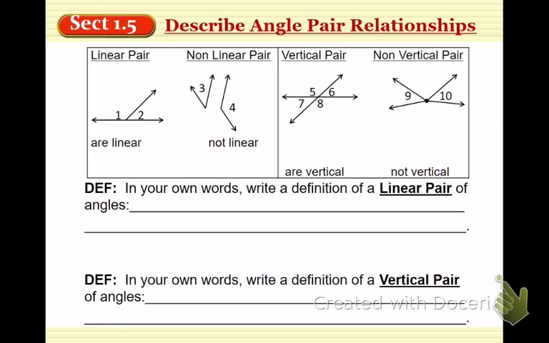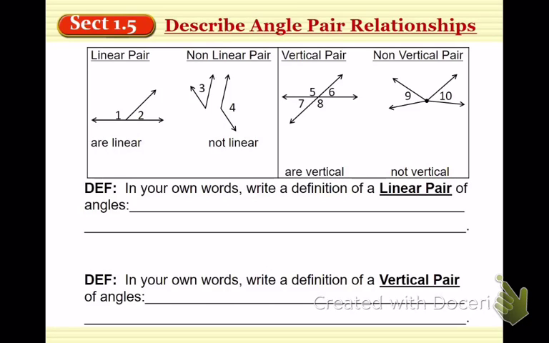A couple other relationships. If you look at the definition of these, the definitions can be pretty confusing. So I'd like to give you an opportunity to come up with your own definition. I'll let you think about it for a second, and then I'll write down what I think is going to be a pretty simplified definition. And you can use whatever you want to help you remember. Okay?